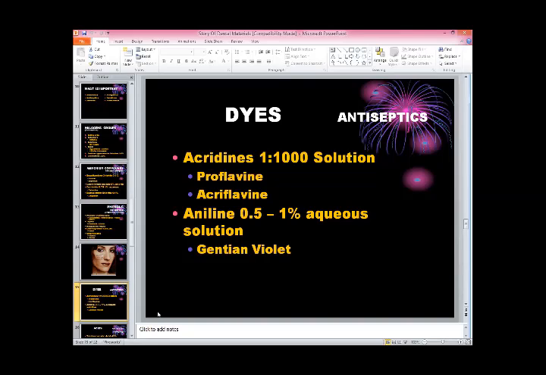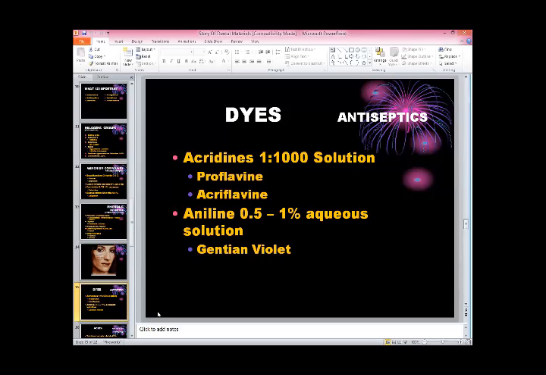And these dyes sometimes we need in operations on the skin to mark the areas. Because they have the antiseptic quality, we can use them on the skin and mark different areas when we are operating, especially when we are operating on the TMJ and we have to mark the areas of the head of the TMJ on the outer surface.